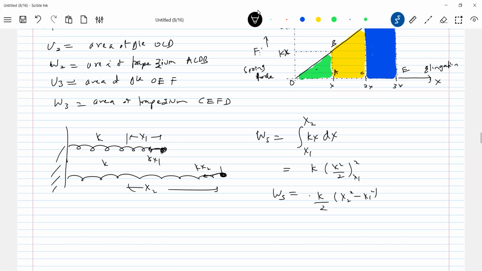In the numericals, you should be careful about the work done by the spring. The spring force does negative work when it elongates, and positive work when it compresses. Able to get this? Again, you have to be very careful about the work done by the spring force.